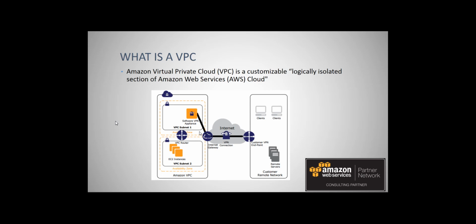So let's define VPC first. According to Amazon, it is a customizable, logically isolated section of AWS's cloud. And so you as the customer are enabled to go in from your customer network and connect to the AWS cloud. I'm going to go into some of the terminology here, but for those folks that are not familiar with regions and availability zones, we'll get deeper into that.